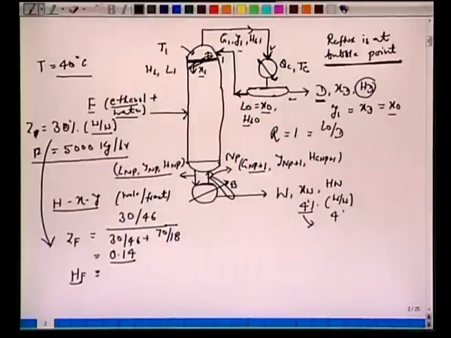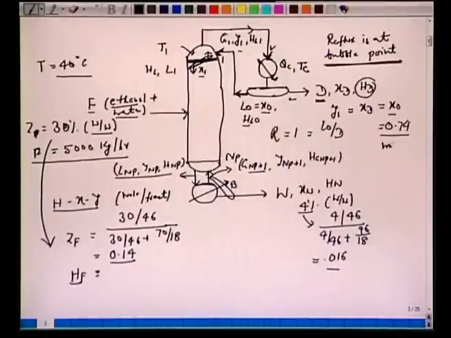That would be 4 over 46 over 4 over 46 plus 96 over 18, which makes this quantity 0.016. Right. Let's say X0 is also given as 0.74 in mole fractions. One can of course calculate from weight fraction to mole fraction for this, the way we have done for XW and for this ZF.